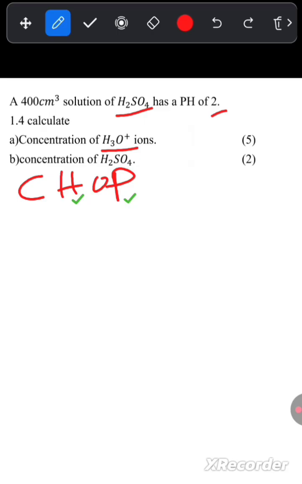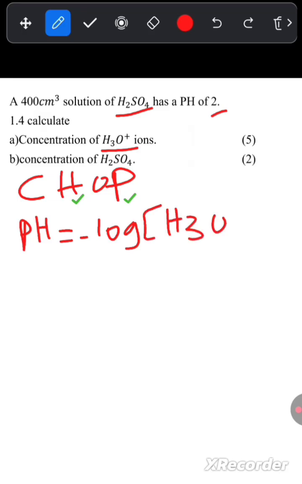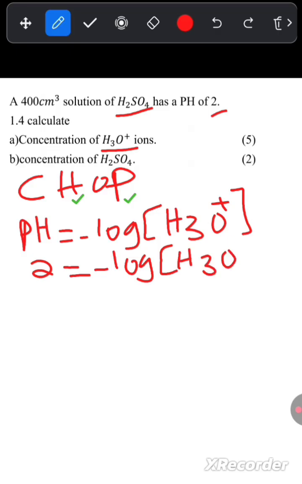Now, what are we going to do? pH is equal to negative log concentration of hydronium ions. Then our pH is 2, equal to negative log concentration of hydronium ions.